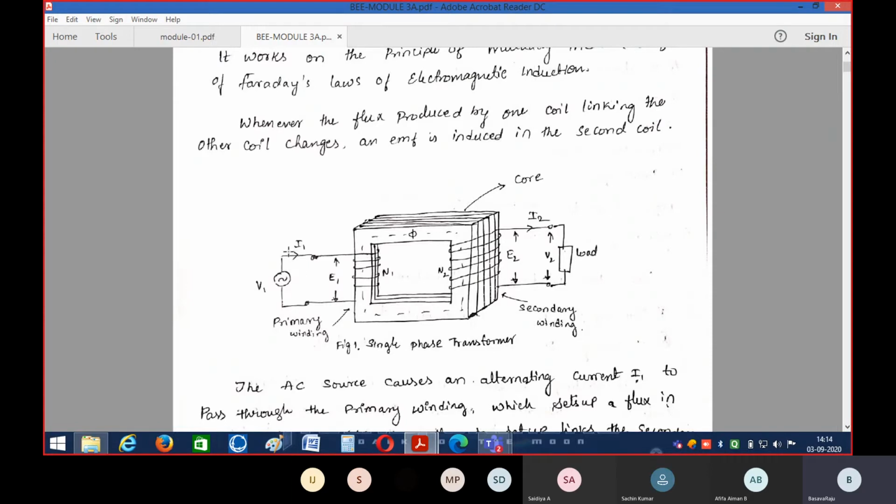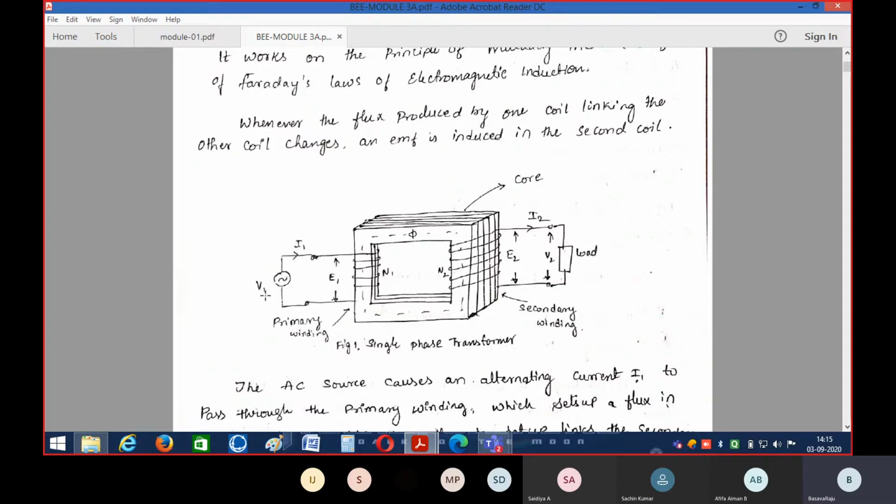Now, whenever an alternating current is flowing through the primary winding, what will happen? When current flows through the winding, flux is automatically produced. The flux produced is sinusoidal in nature.